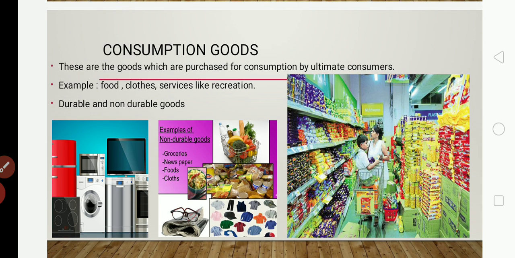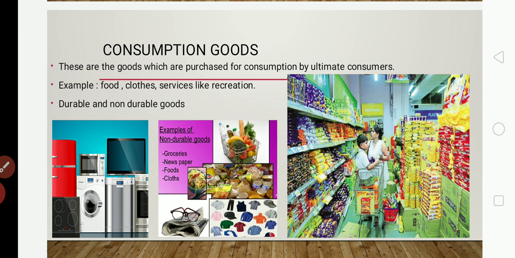Here the first one we will discuss is consumption goods. Goods which are purchased for consumption are consumption goods, or consumer goods. For example, if I want to have a meal, food for lunch, I order food.